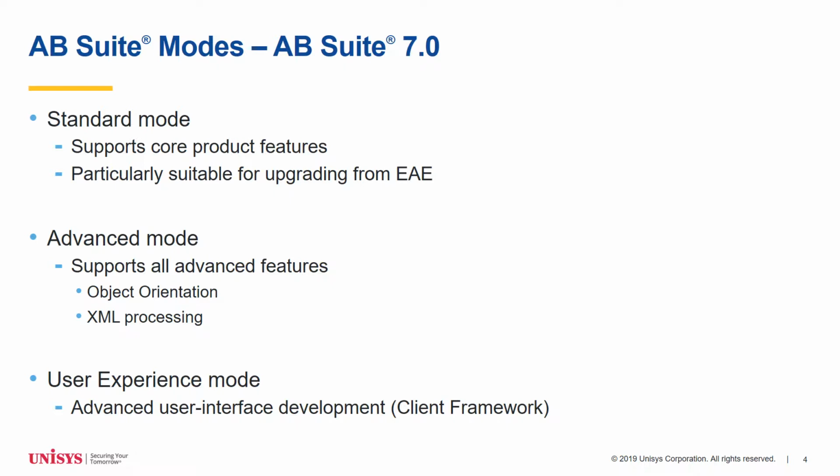In particular, it is very suitable for customers who are upgrading from EAE, in that it supports all of the equivalent capabilities to EAE, but it doesn't include some of the more advanced object-oriented concepts and some other advanced capabilities. I'll discuss some of the characteristics of Standard Mode for users upgrading from EAE in a separate presentation.